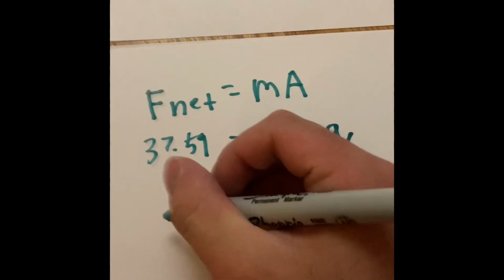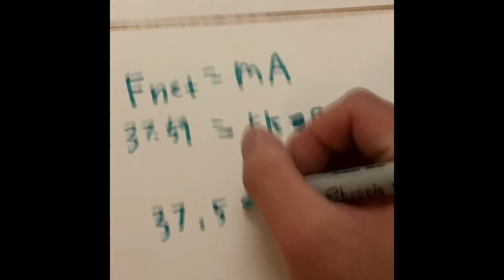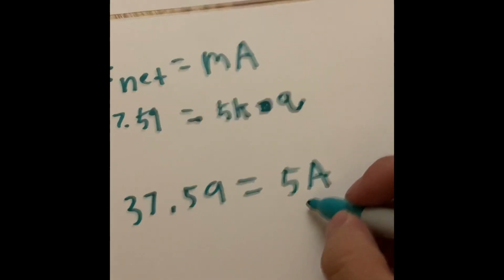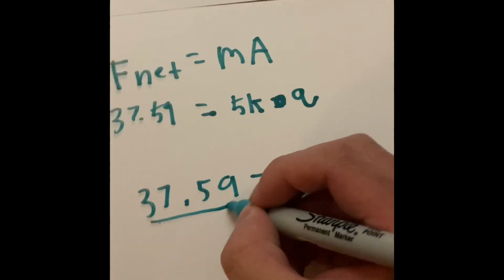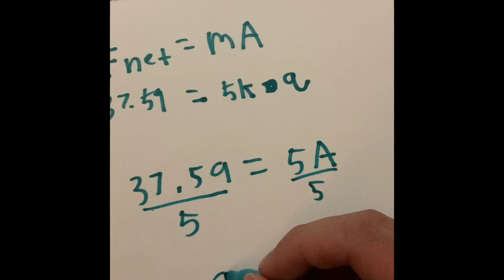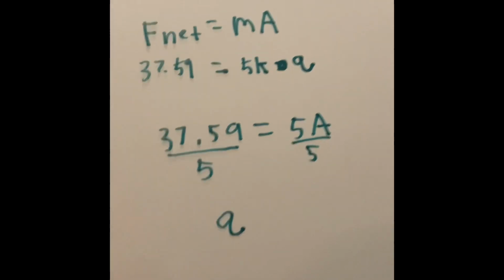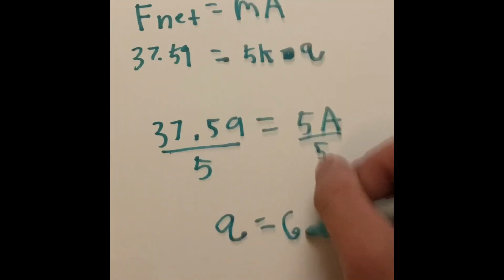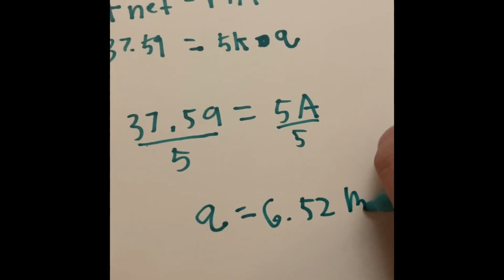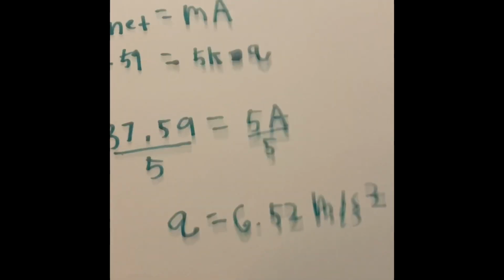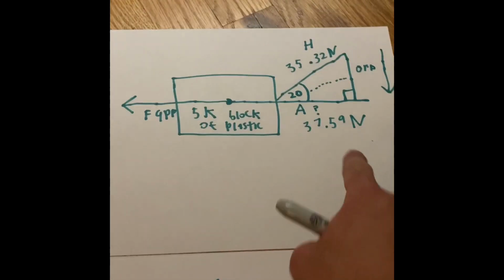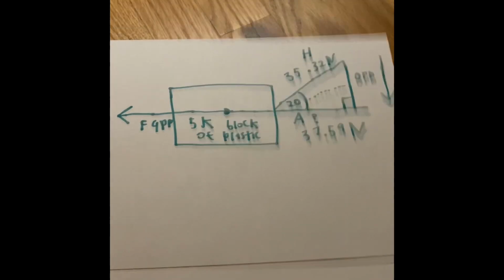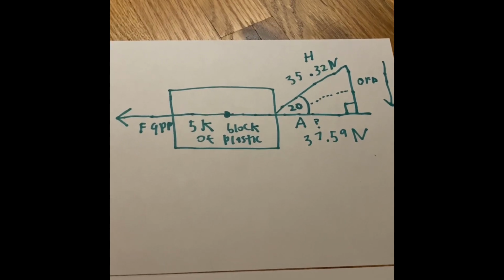So 37.59 is going to equal 5A. Divide this side by 5, and our acceleration, how fast you're moving that block using force, is going to be A equals 6.52 meters per second squared. So using the force and the information on that triangle, you will be able to push that block at an acceleration of 6.52 meters per second squared.